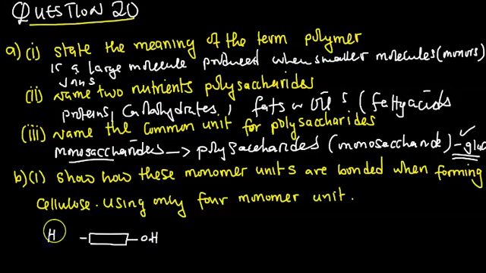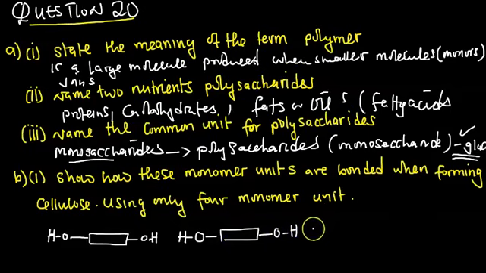Let me draw it nicely, a hydroxyl group like this, bonded to this. Then since they are of the same kind, we add another one. They are saying we show 4, so let us add another one.